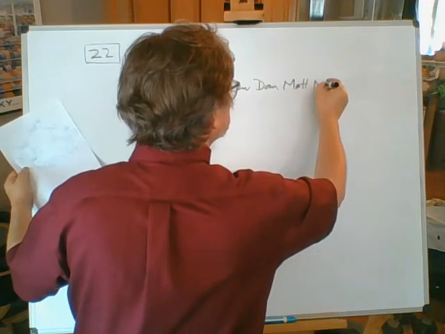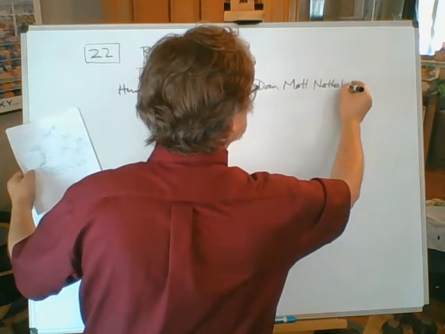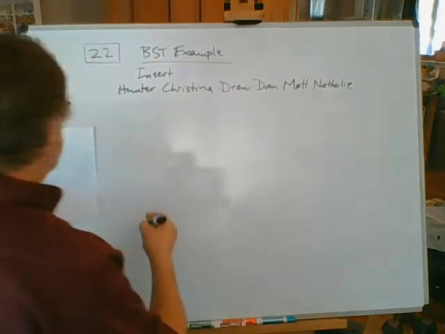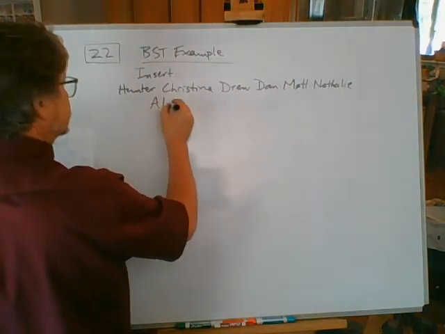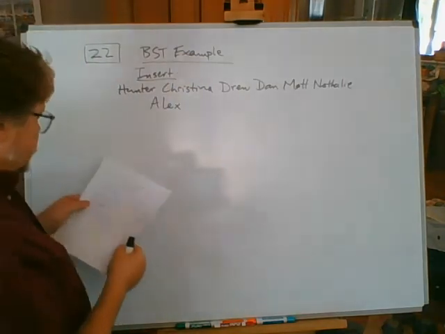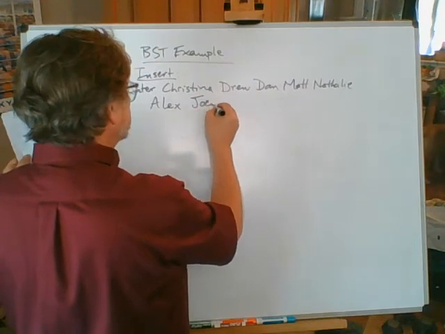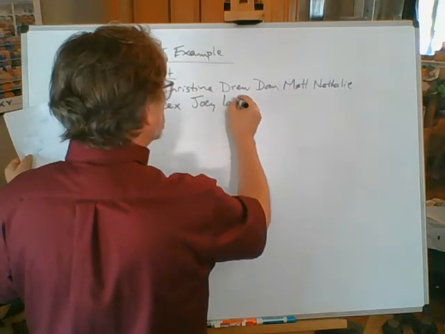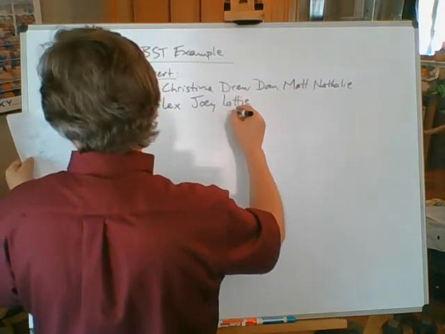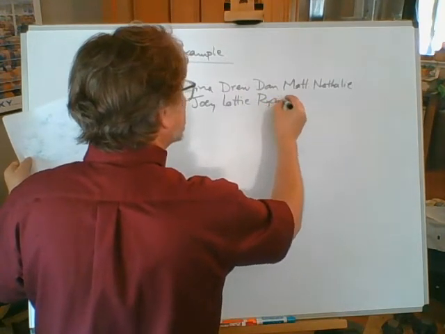Natalie. What else we got? Alex. I'm going to underline insert so it doesn't look like one of the strings. Joey. Lottie. Ryan. And Matt.